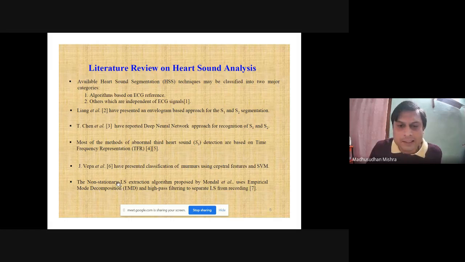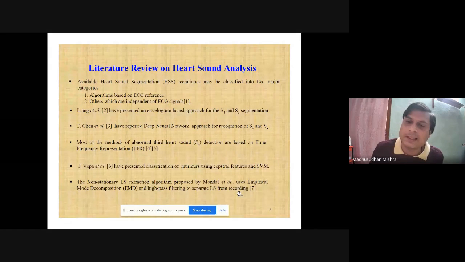A non-stationary lung sound extraction algorithm was proposed by Mondal and his colleagues, which uses empirical mode decomposition and high-pass filtering to separate lung sounds from the recording. This recording contains breathing sounds where both heart and lung sounds are present.